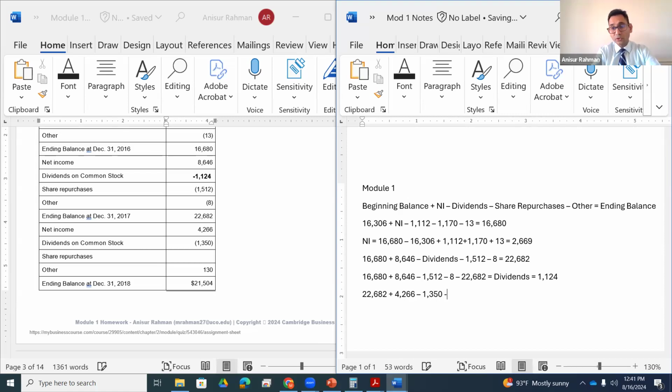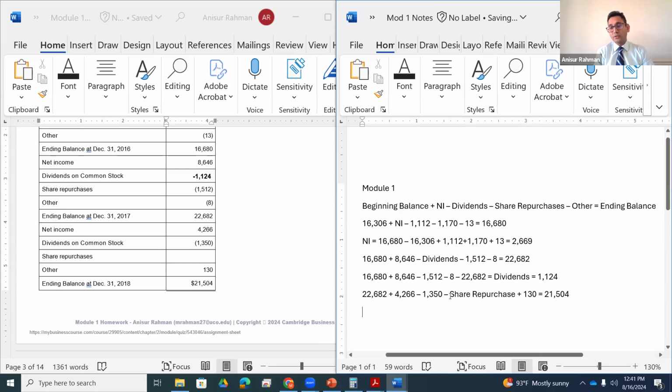Share repurchase, we don't know. Other is a positive number here, so I'll write down 130. Is equal to 21,004. So we have to find out share repurchase.